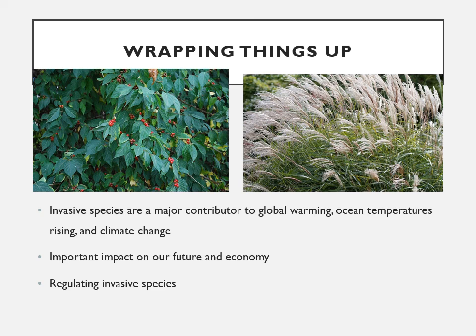These are very important and have an impact on our future, the world we live in, and our economy, and it is a very important idea that needs to be focused on, and everyone needs to be aware of what is going on with this. And in the future, we will continue to regulate invasive species to hopefully prevent extinction and endangerment of other species that are currently living in certain ecosystems.